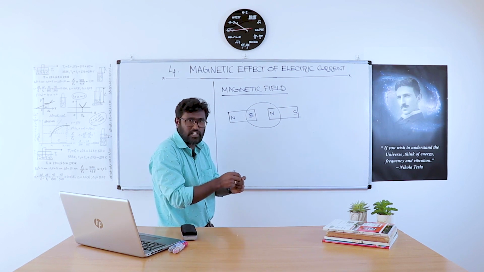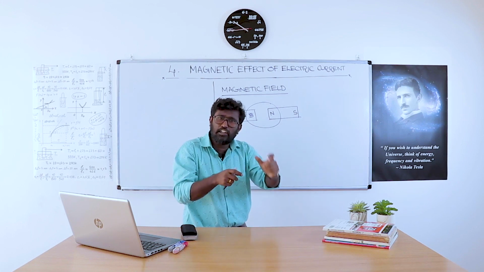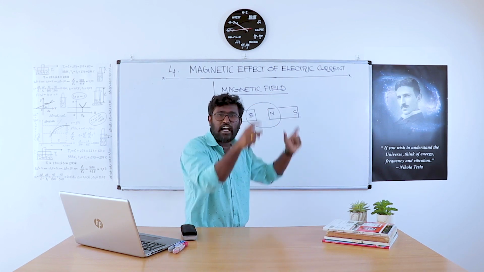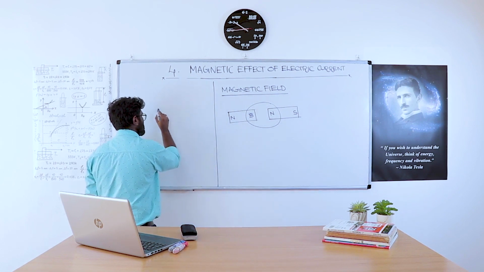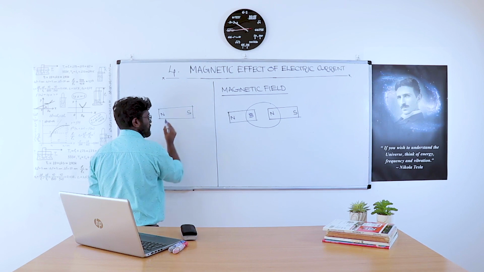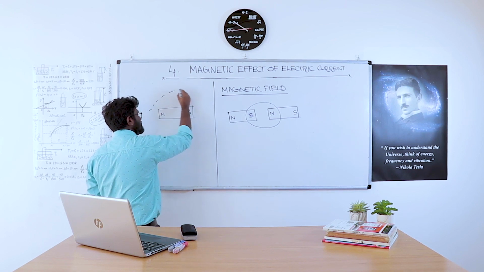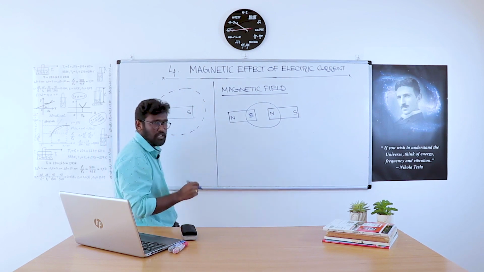Or otherwise we can say that a space is created by the magnet where the influence of that magnet exists. Here, this is the magnet, with north pole and south pole. This magnet creates a space of its own. This is the space created by the magnet.